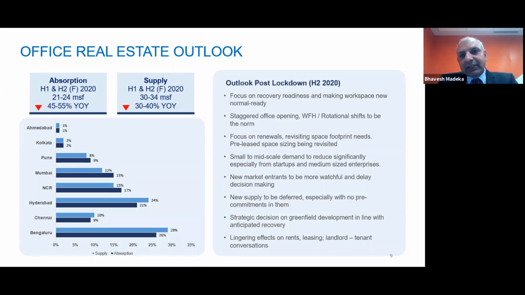What we are seeing is that the service staff is all coming to offices, because most of the offices still have their servers located in the offices. India has still not fully moved on to the cloud, and therefore the connectivity in the offices and the servers will continue to remain.